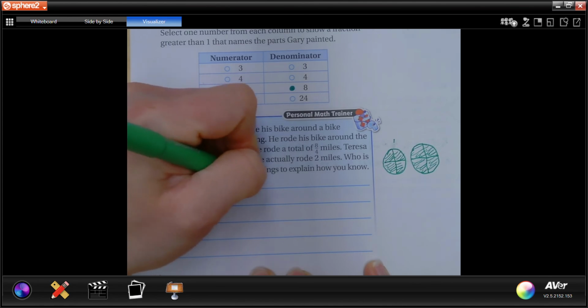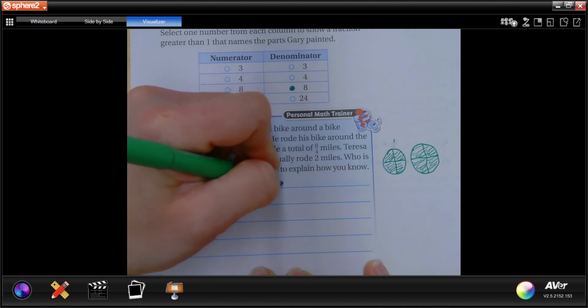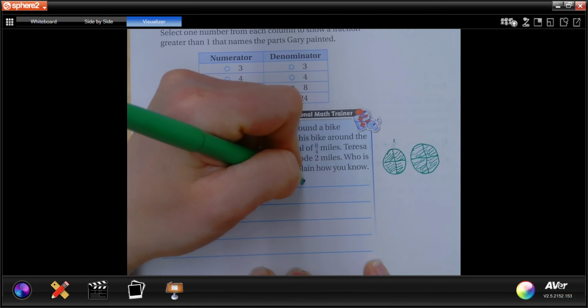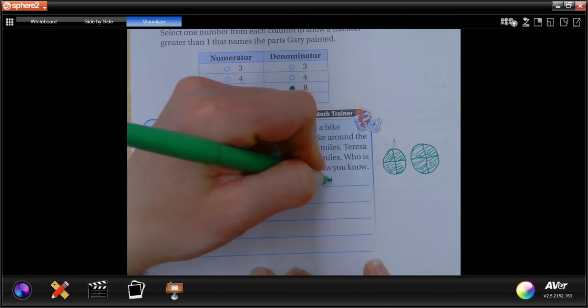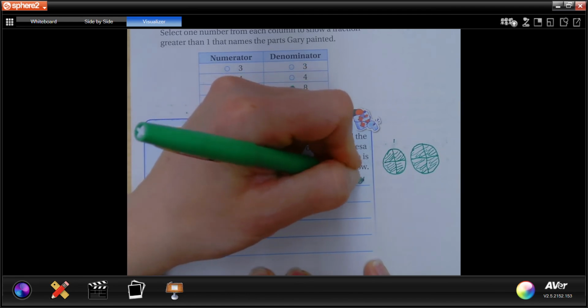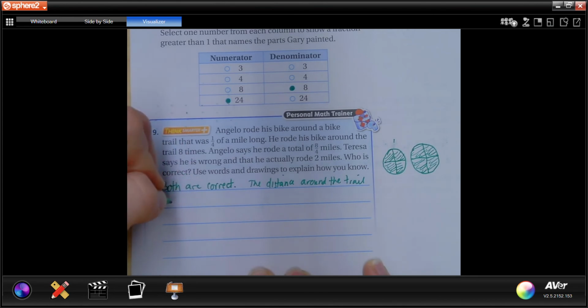The distance around the trail is 1/4 of a mile.